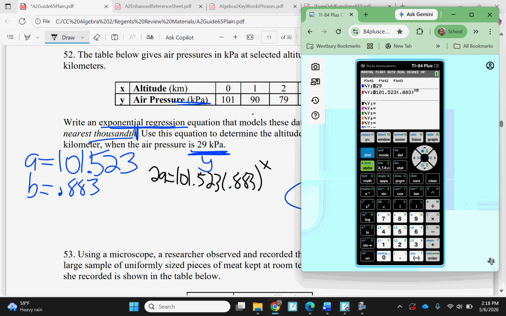I know my y max has got to be more than 29, so I'm going to make it 50. I think I see my intersection, but I would rather see more of my right, which is my x max. I always at least double it. I see it, second trace, intersect, enter, enter, enter, solve for x. It wants it to the nearest hundredth, that's 10.07.